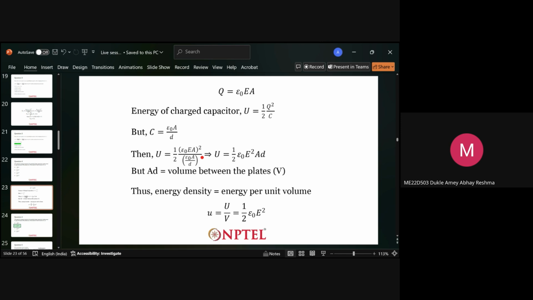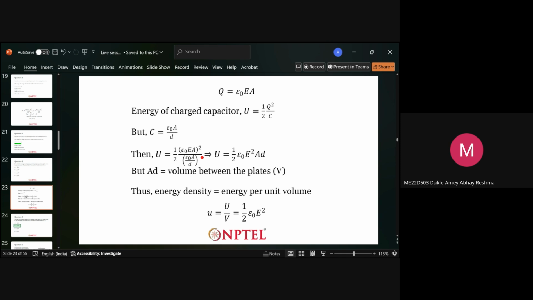So basically we need to find the energy of a charged plate capacitor. Energy is given by the formula half Q square by C. We already know that C is epsilon naught A by D, that is the capacitance. By putting everything in the formula, we get 1 by 2 epsilon naught E square AD, but AD is the volume between the plates.